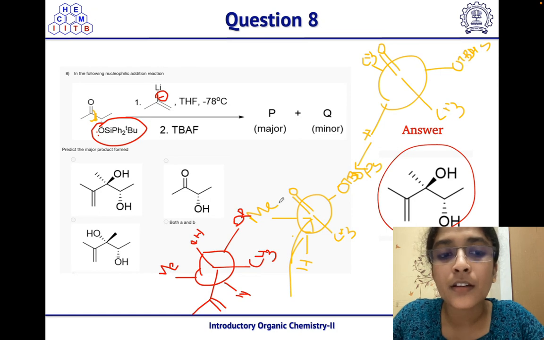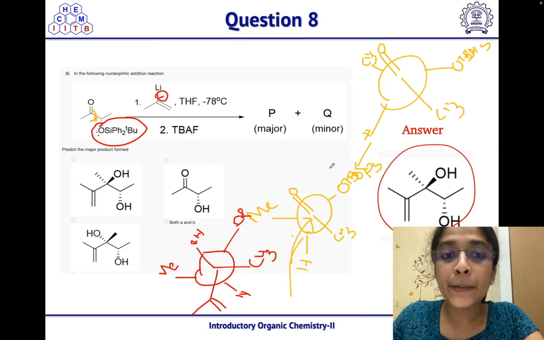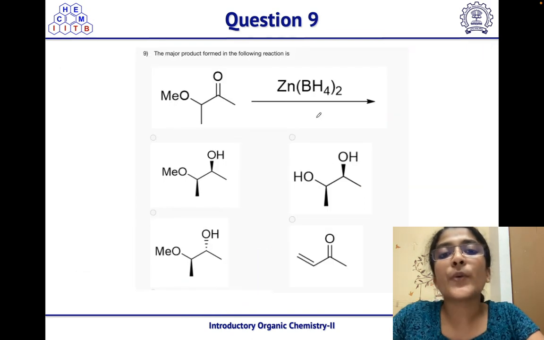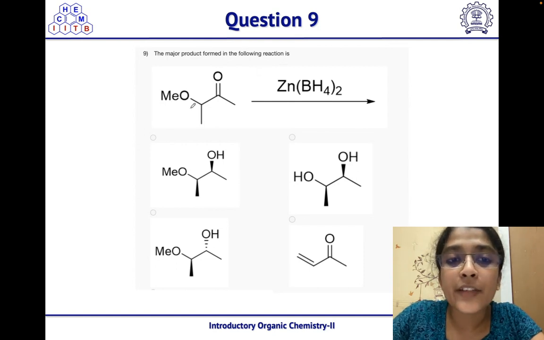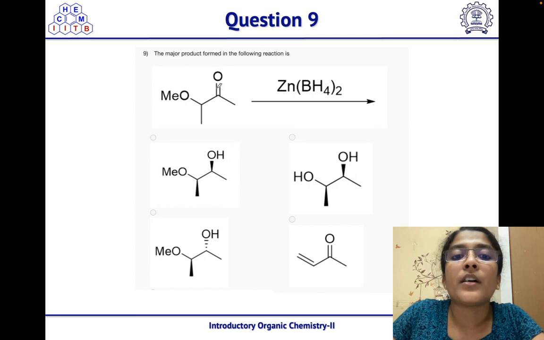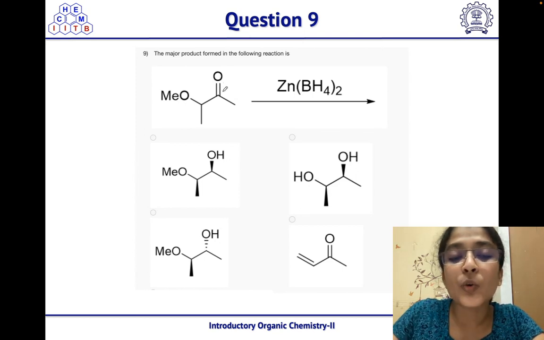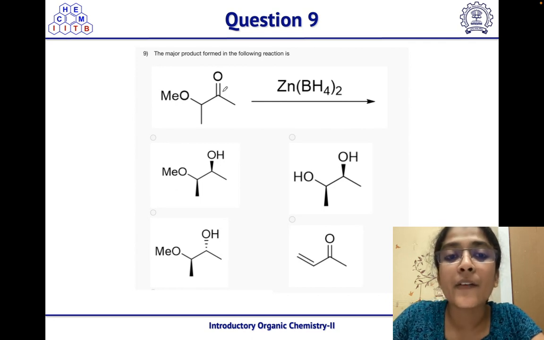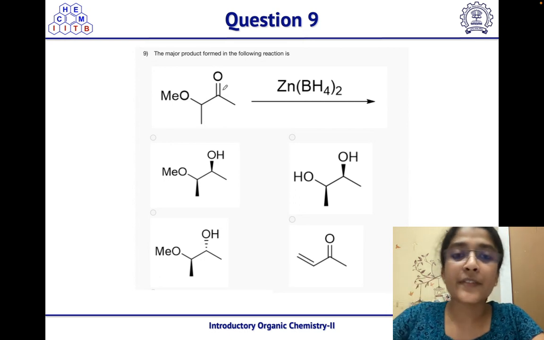Okay, ma'am. Now we will move to question number 9. Here they have asked what is the major product formed in the following reaction, and they have given a similar substrate to the Cram chelate model, but there is one difference.